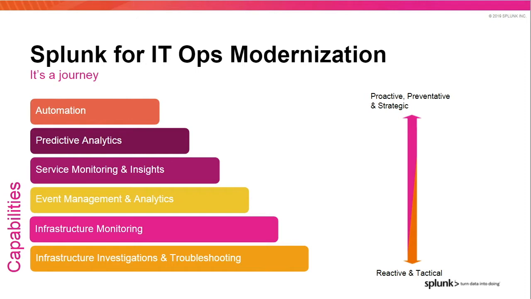And when enriched with service context, you can then easily identify the business impacting problem that needs to be prioritized and addressed first. And my favorite capability by far is service monitoring, as it's enabling you to position IT as a strategic business partner through the use of glass tables and dashboards that map the underlying IT systems to business critical services and their KPIs. And when you add predictive analytics to the mix, you can start to alert teams on future service issues up to 30 minutes in advance.